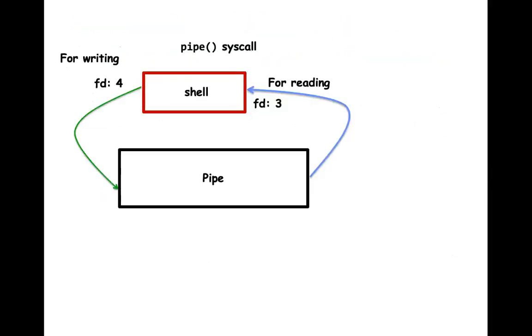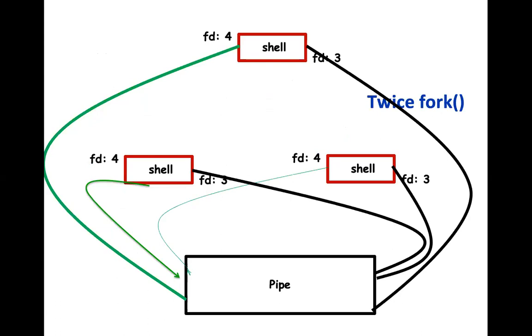First, the shell is running. It does a pipe system call and creates this structure. The pipe is created by the kernel. It passes file descriptor 3 for reading, so the shell can read through this pipe, and file descriptor 4 for writing. When it writes to file descriptor 4, the data comes to the pipe. Now the shell can fork.